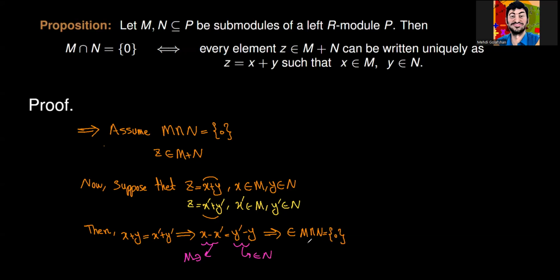So X minus X prime, which is equal to Y prime minus Y, is exactly 0. This means X plus Y is equal to X prime plus Y prime, so it can be written uniquely. So uniqueness is proved.